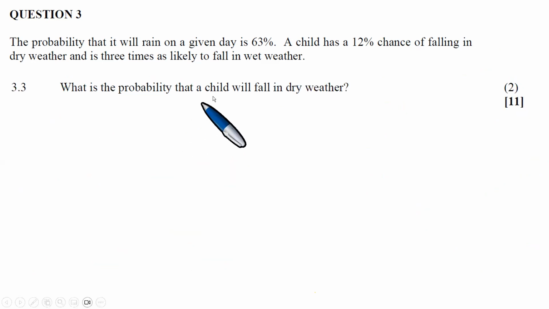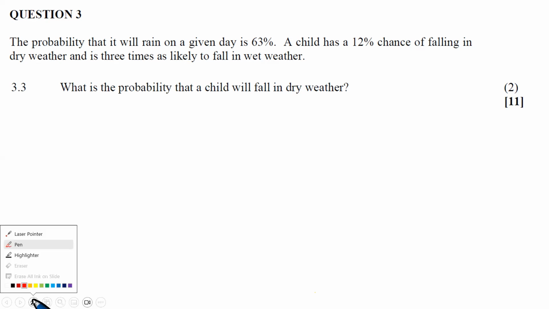What is the probability that a child will fall in dry weather? The children fall even if there's no rain. Sometimes it's not raining and the children, boom, they fall down. So let's analyze that together.